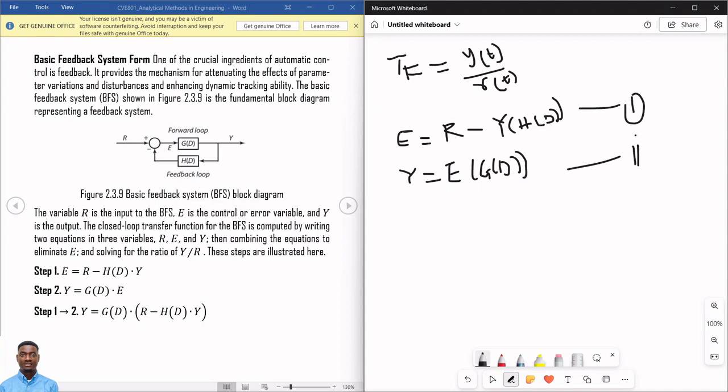So we know our Y is our output, our R is our input.